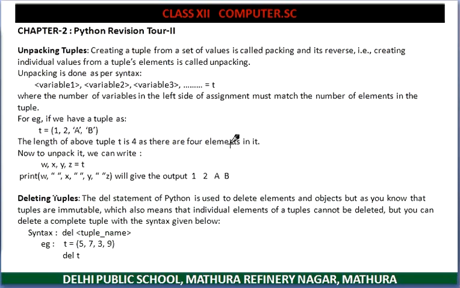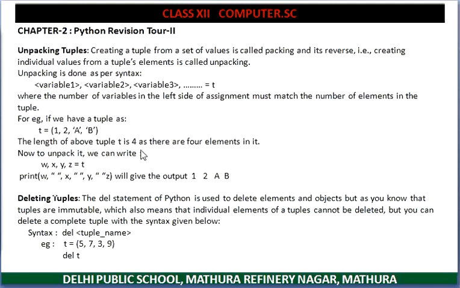Unpacking a tuple is the reverse process of creating a tuple. Definition: creating a tuple from a set of values is called packing, and its reverse, that is creating individual elements from a tuple, is called unpacking. Syntax: variable1, variable2, variable3 = t. The number of variables on the left hand side of the assignment must match the number of elements in the tuple. For example, t = (1, 2, 'a', 'b').